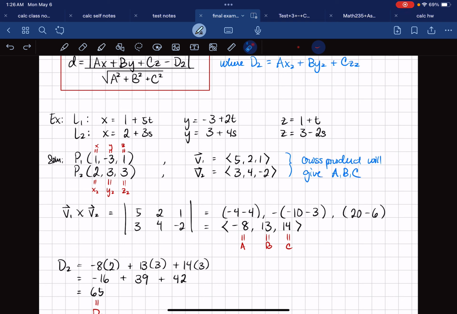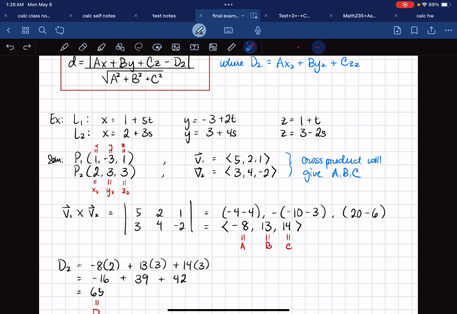When we're looking for the vector, we're taking the coefficients of t. When we're looking for the points, we're taking the independent numbers over there. So you've got P1: 1, -3, and then 1 again. That's your x1, y1, z1, but we don't really have to write that.